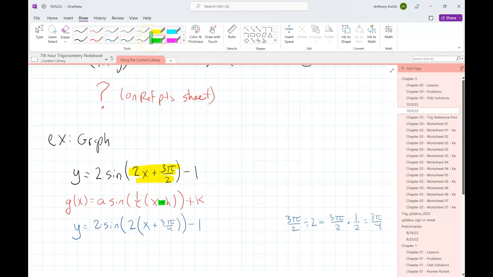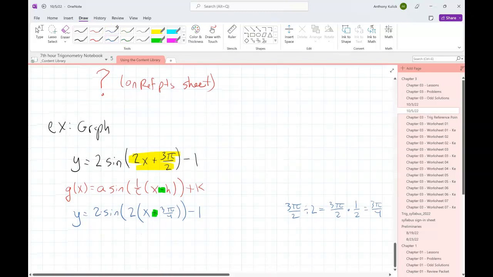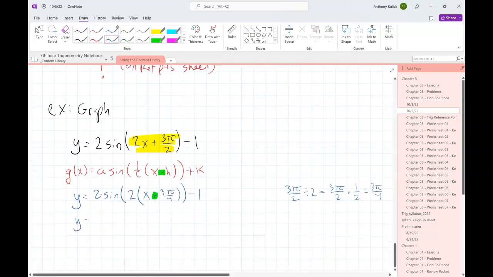And then what's the issue still? It needs to be minus h. I've written plus h. How do I fix that? Oh, well, there's another thing also going on, right? I need to write it as 1 over c. I've written it as just one thing. So how do I write 2 as 1 over c? We use the same trick we used before. 1 over 1/2.